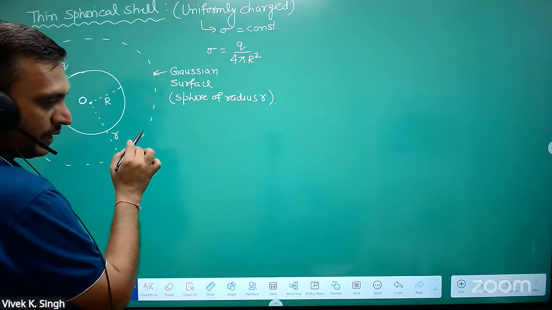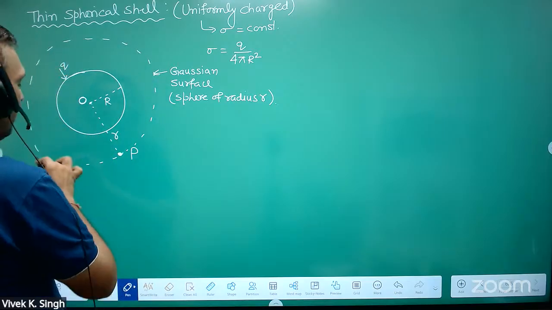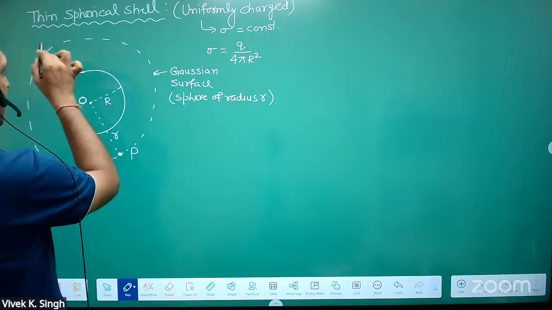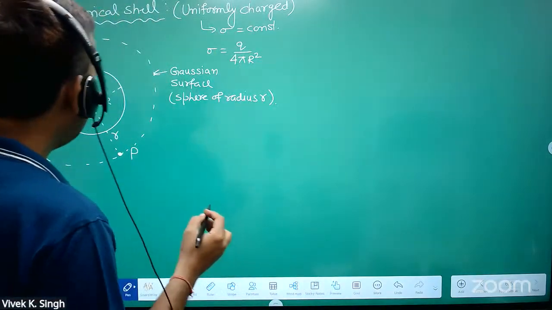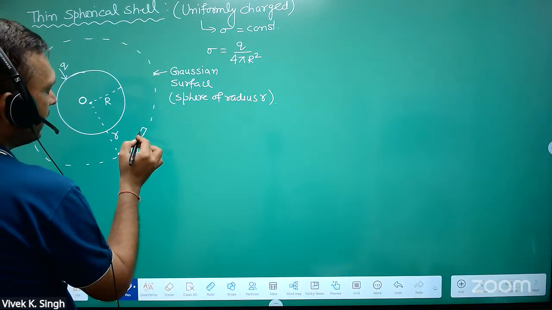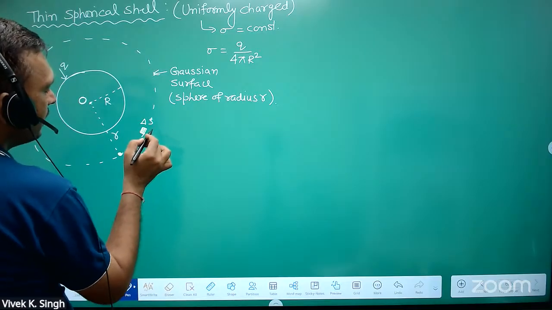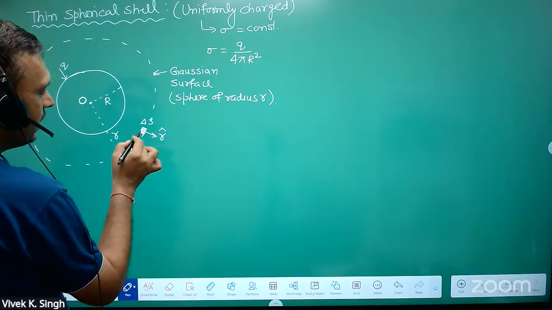If you are considering an elemental area delta S on the surface of this sphere, its direction n cap will be r cap.